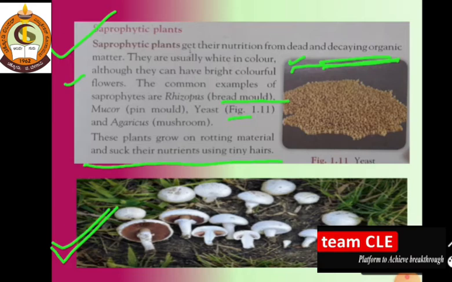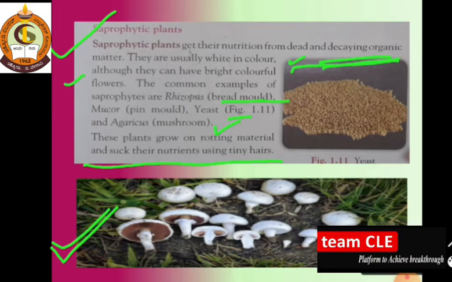Next is the example of Agaricus. Agaricus is nothing but the mushroom. What is the biological name of the mushroom? It is very famous and familiar to us because some people like to eat these mushrooms. The biological name of mushroom is Agaricus.